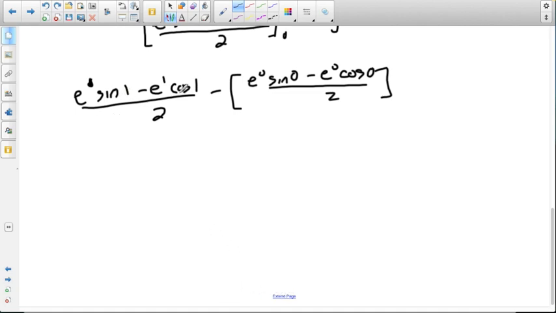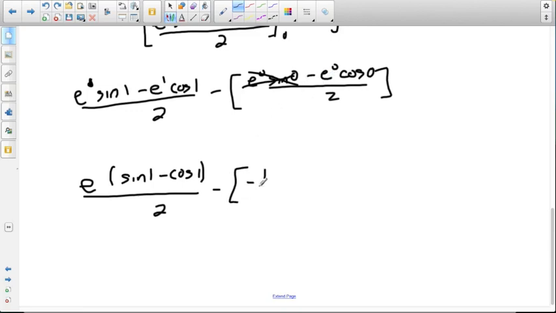let's see, sine of 1 and cosine of 1 radian, both are non-zero. So we're going to be looking at e times sine of 1 radian minus cosine of 1 radian, over 2, minus, and let's see here, this is 0 because sine of 0 is 0, but this is 1 and this is 1, so it looks like minus a negative 1/2.